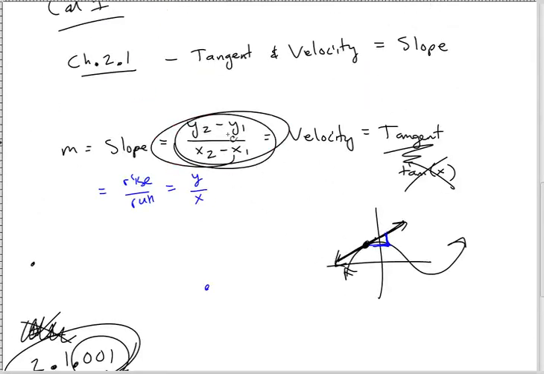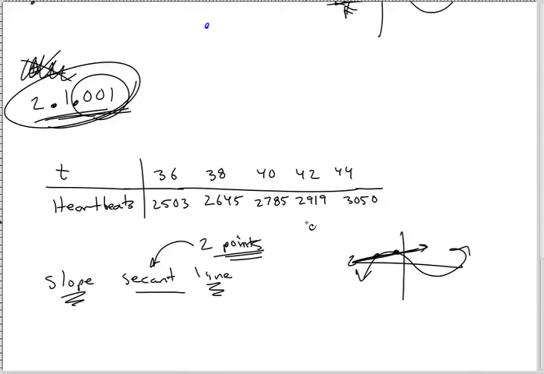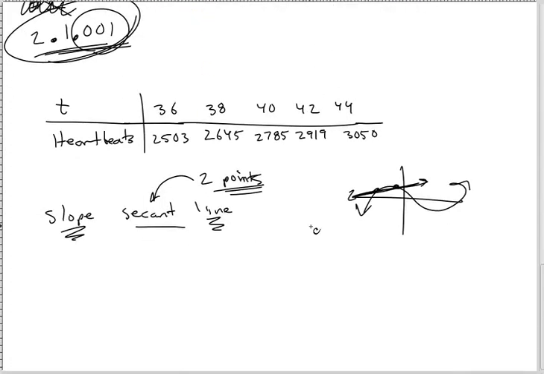I got my second point, I got my first point, put them together, and there you go. So in a way, this is the typical way of finding slope, but they're going to use this in an understanding where we're going to get to a tangent line. But for right now, secant lines are just 2 points, and so here we go. Part A says use t equals 36 and t equals 42.